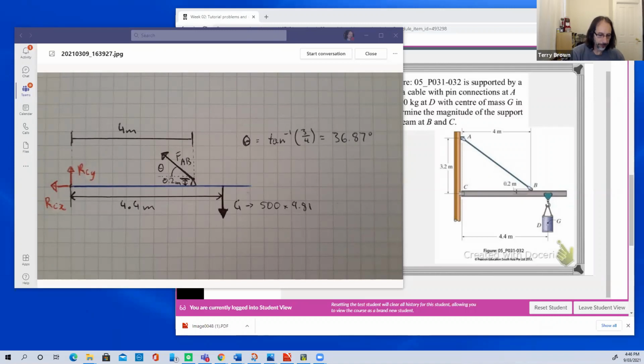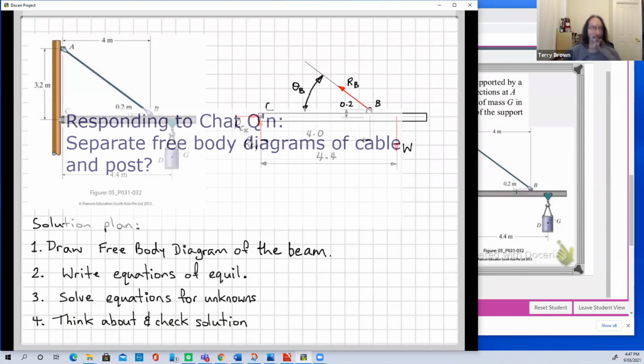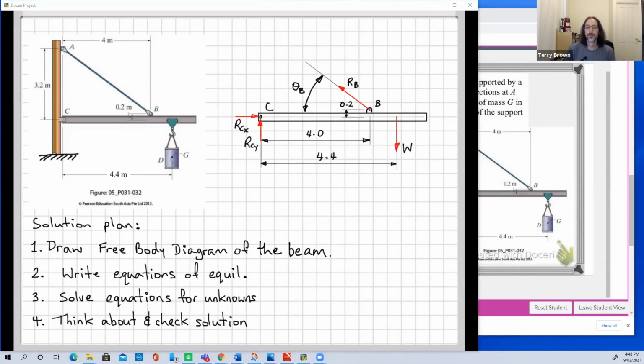Also draw the cable. Just while you're doing that, there's my solution for the free body diagram. Separate free body diagrams. When you draw your free body diagram of the post, just assume that it's built in down here.